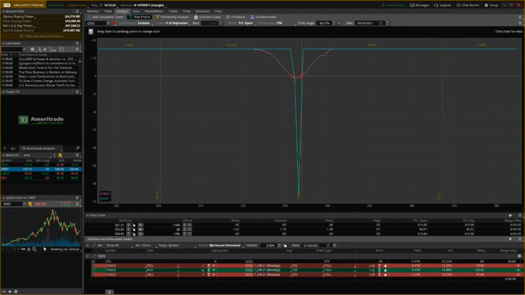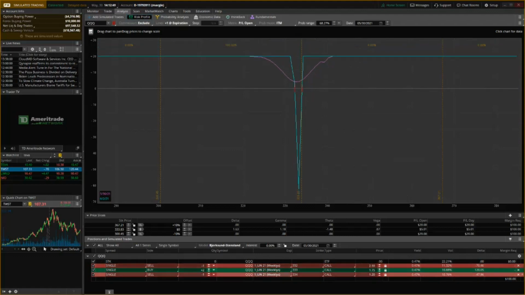But keep in mind that you have to get some kind of revenue when you're selling those 2 calls, and you've got to have more than you're buying. If you sell for even $1 more, that means you're going to make another dollar on this. And if we sell this call 332 for 250, that means we're going to get $5 more.